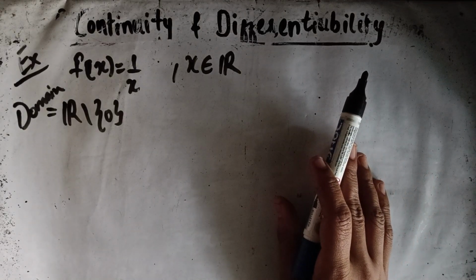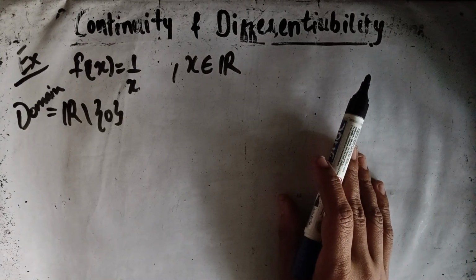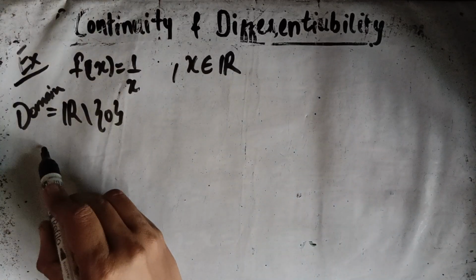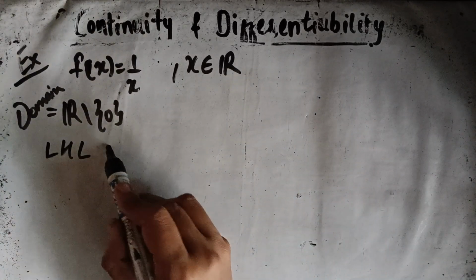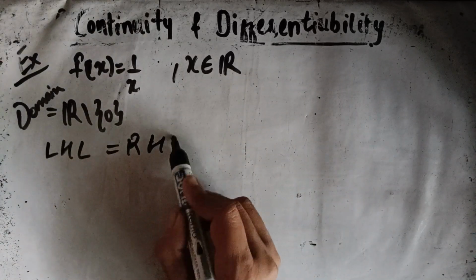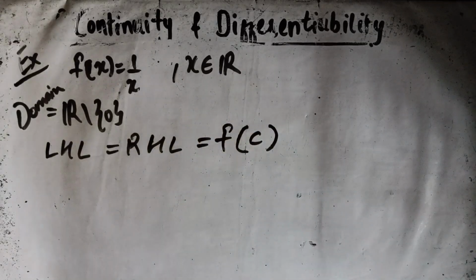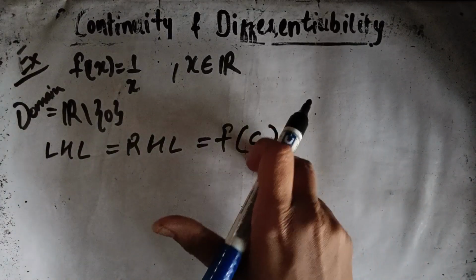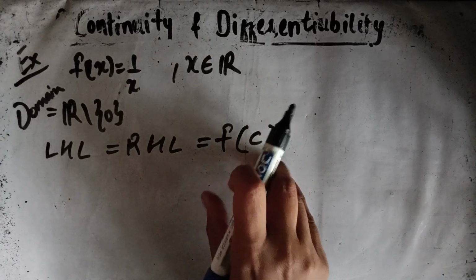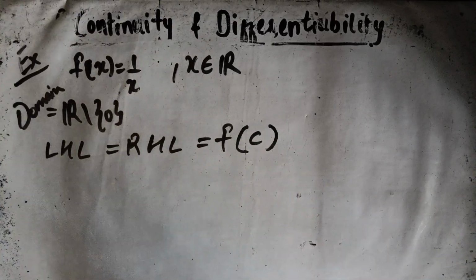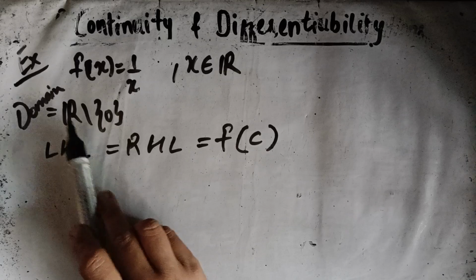And when it is defined, we get right hand limit and left hand limit equal, and also the value of that function at that point. So it is continuous if 0 is removed from the domain.